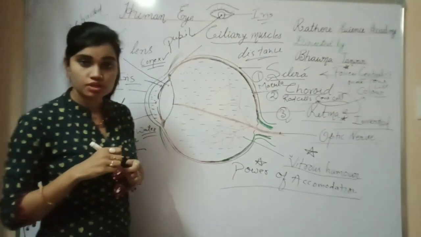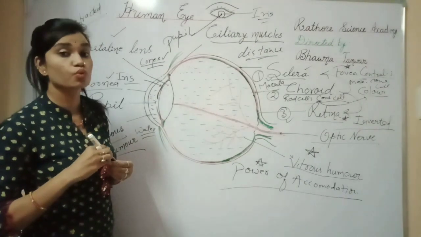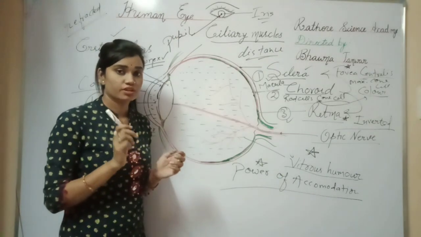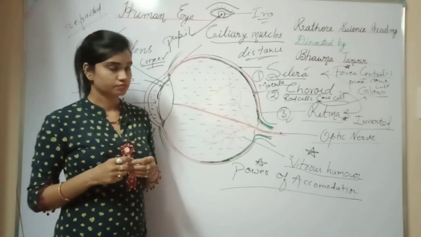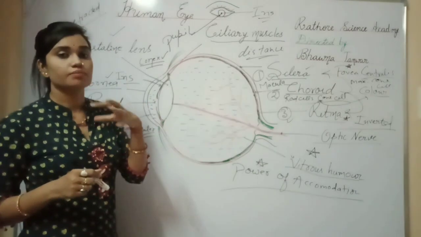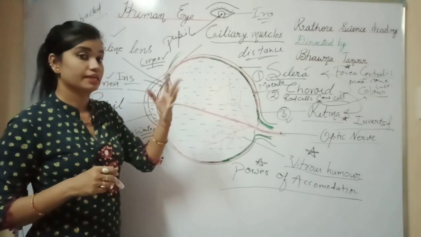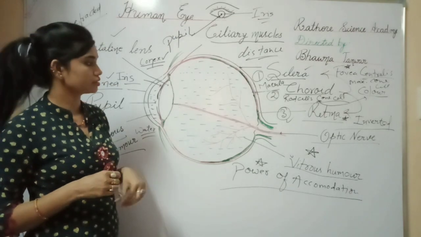Retina has 2 types of cells, rod cells and cone cells. Rod cells are responsible for intensity of light, and cone cells provide the color to the eye. That means it enables us to see colorful objects, right?